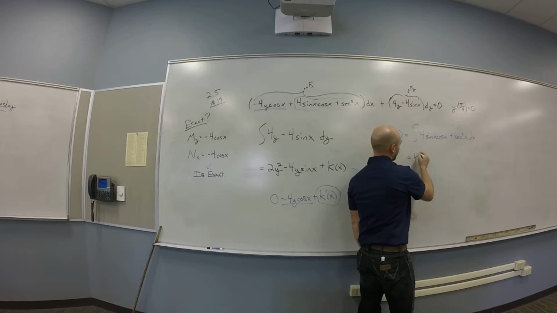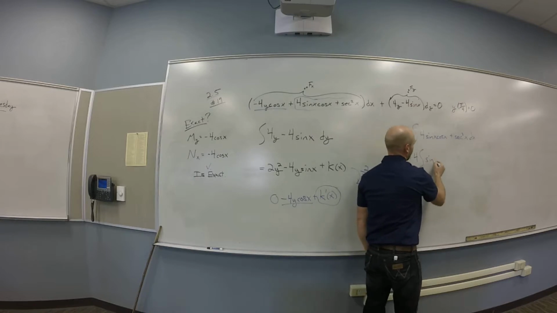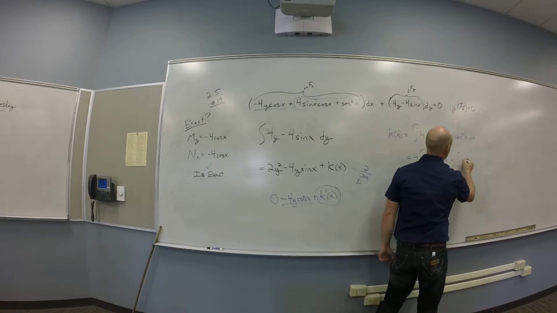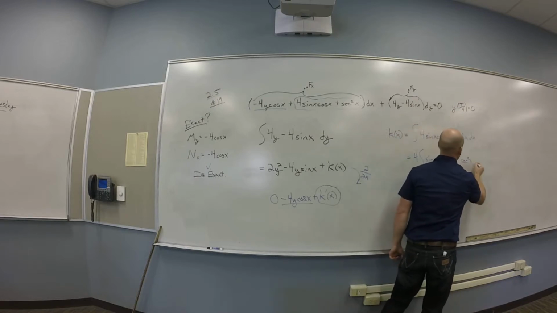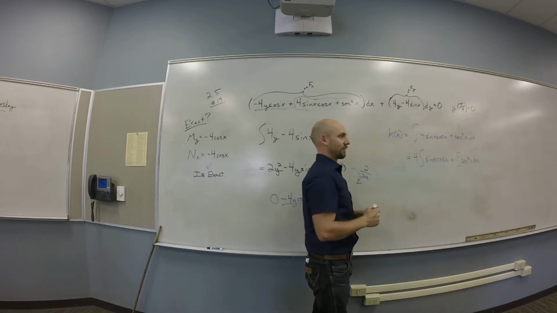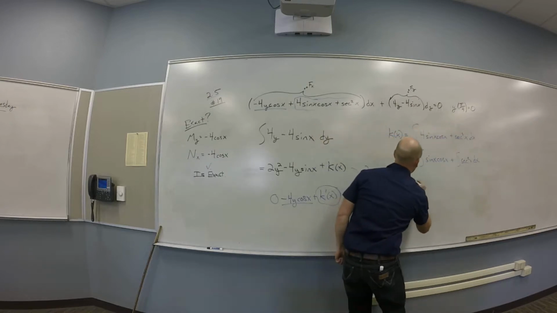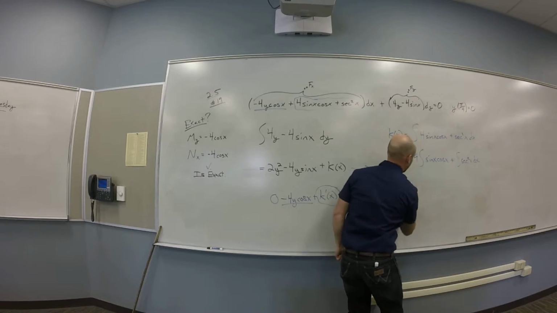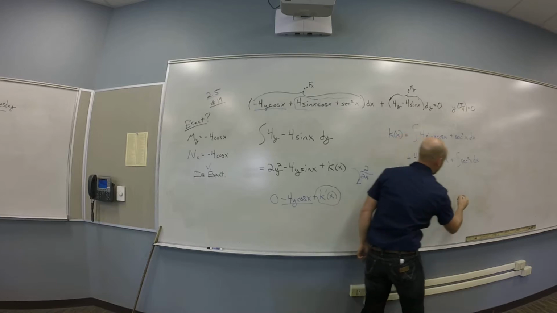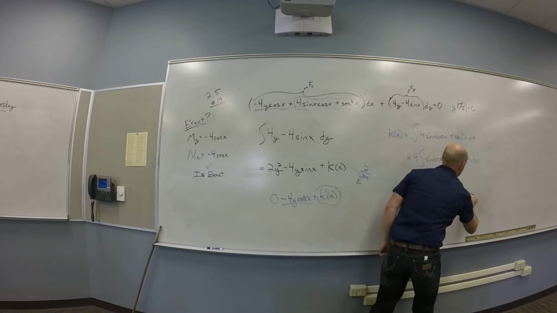So make this 4 times the antiderivative of sine x cosine x plus the antiderivative of secant squared x. And then you guys are muttering that secant's easy? So you got 4 times something I'll deal with plus tangent x.